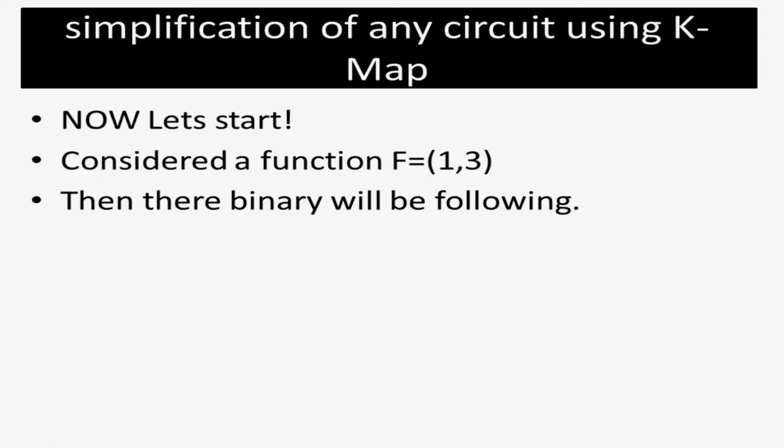First of all, we have to break down any function into binary form. If there is x, that means 1, and if there is x naught or x complement, that means 0. The binary of 1 is 01, while the binary of 3 is 11.